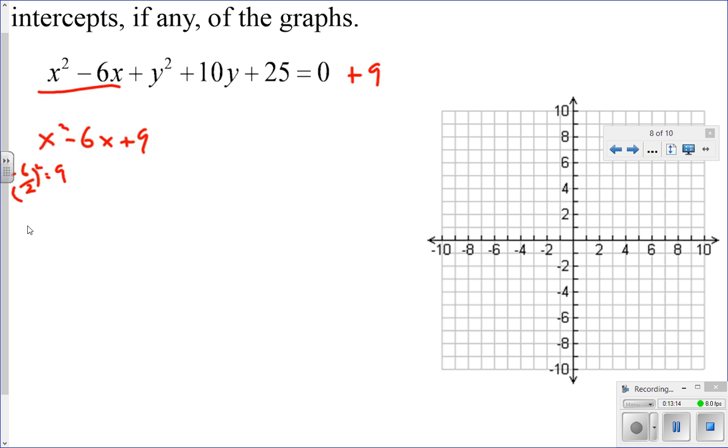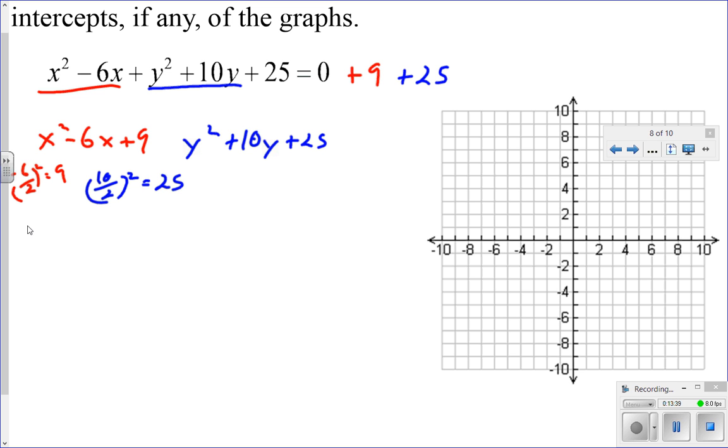And then on my y's, okay, I'm going to have y squared plus 10y, and do 10 divided by 2, square it, is going to be 25. So I add 25 here and add 25 here to preserve my balance.